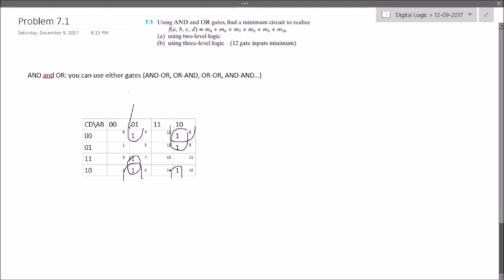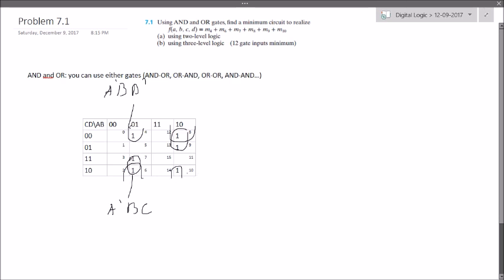So this group would be C, let's see, with the A prime B, and D prime. So this would be A prime B again, and C, right?